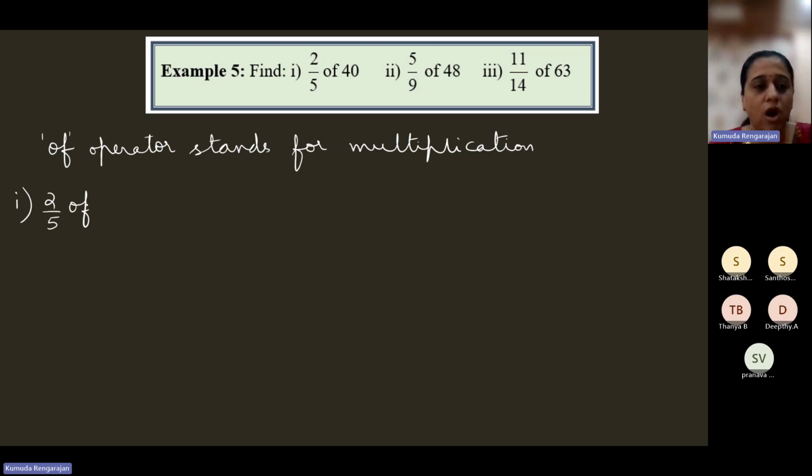So 2/5 of 40 means 2 by 5 into 40. The of operator means multiplication. And 40 means 40 by 1.